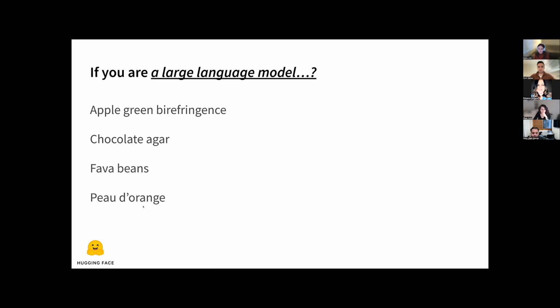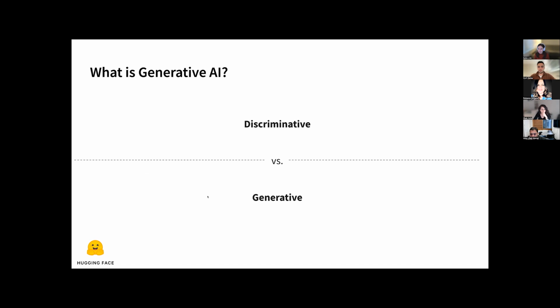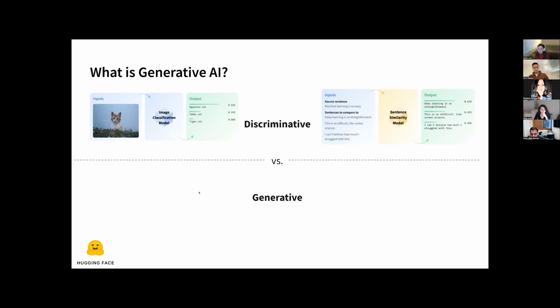So I'm hoping to give some intuition about what a language model might also do in this type of situation. But to go back a few steps, let's answer what is generative AI more generally. We've seen a lot of discriminative AI algorithms within medical AI for a long time.